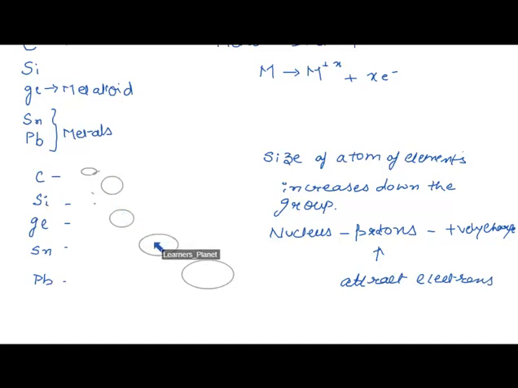Now we can see here that gradually the sizes are increasing. Got my point, children? So when the sizes are increasing, what will happen to the attractive force by proton? The more the size. See, here there are protons, here there are protons, and here there are protons. In which case would the force of attraction of protons be maximum?